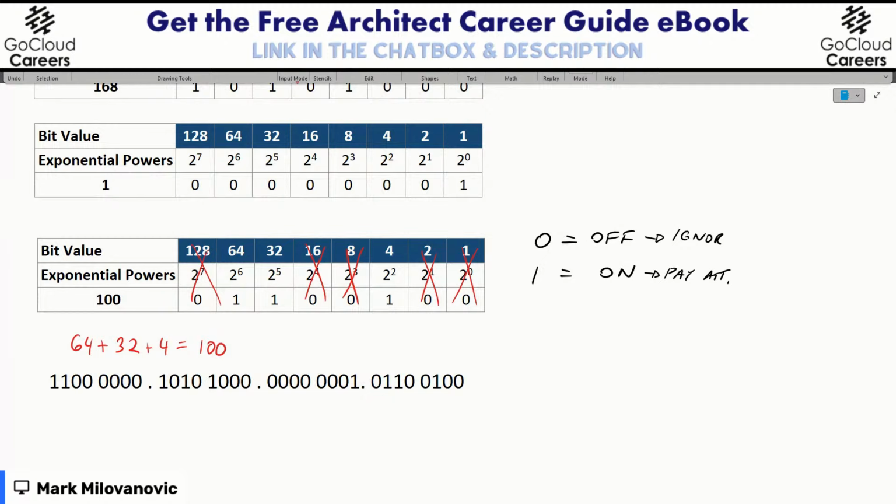Does everybody see how we just did that? We converted from binary back into decimal. And how we did that? By using the decimal values that we turned on with a 1. Does that part make sense?